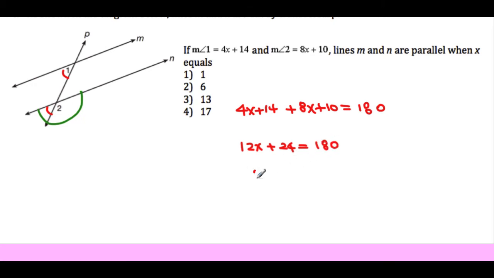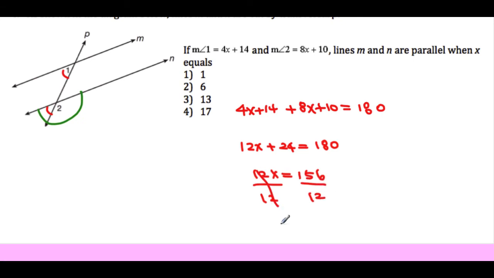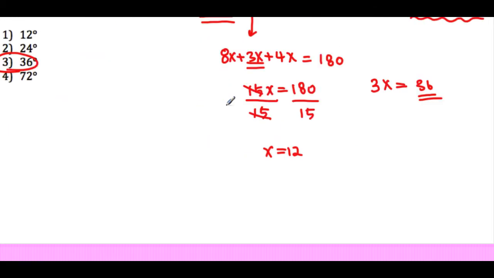Subtracting 24 from each side, we get 12x is equal to 156. If you divide by 12, then what do you get? x equals, that's right, 13. So 13 becomes our answer, choice 3 once again. Oh, wait a minute. This one was choice 2.